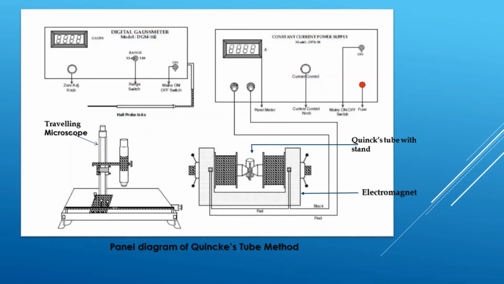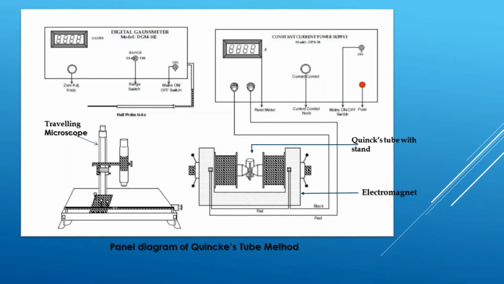If we connect the constant power supply with the electromagnet, then when we increase the current, the magnetic field will increase correspondingly. The Quincke tube with the solution is placed in between the two poles of the electromagnet.